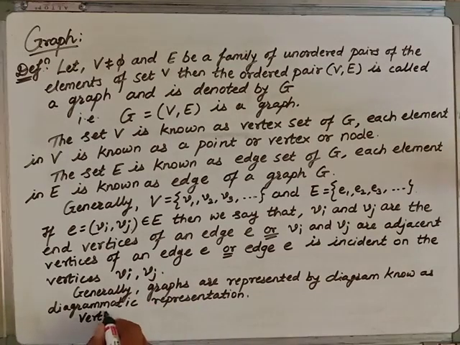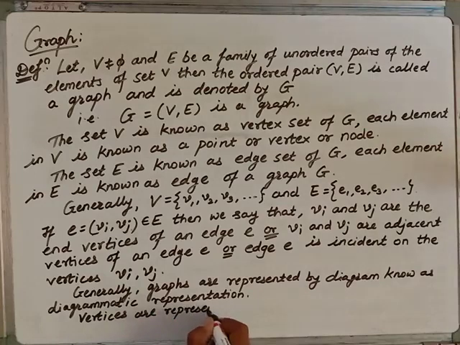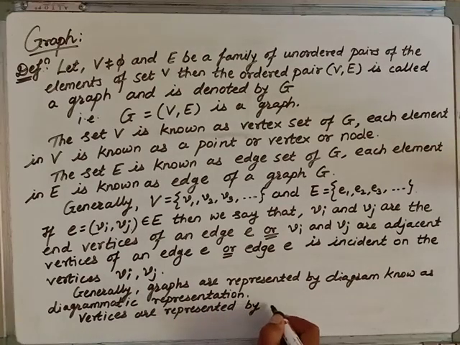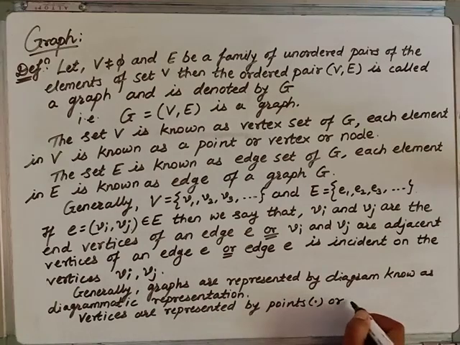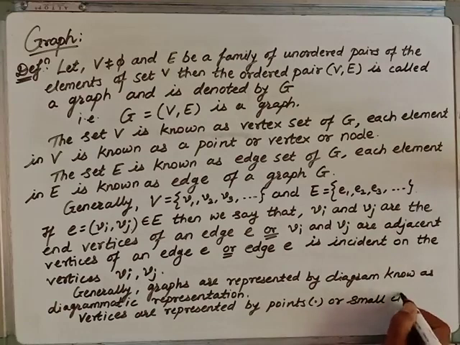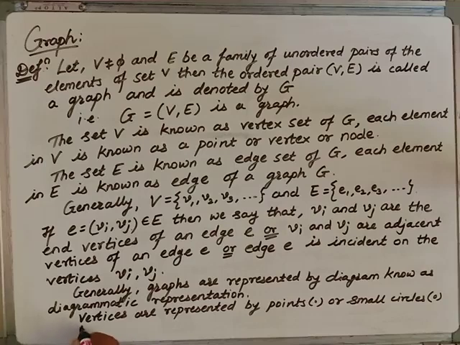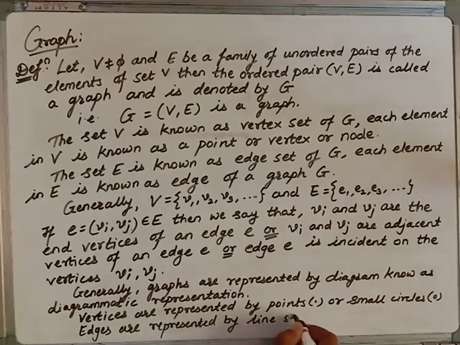Vertices are represented by points or small circles, while edges are represented by line segments or arcs.